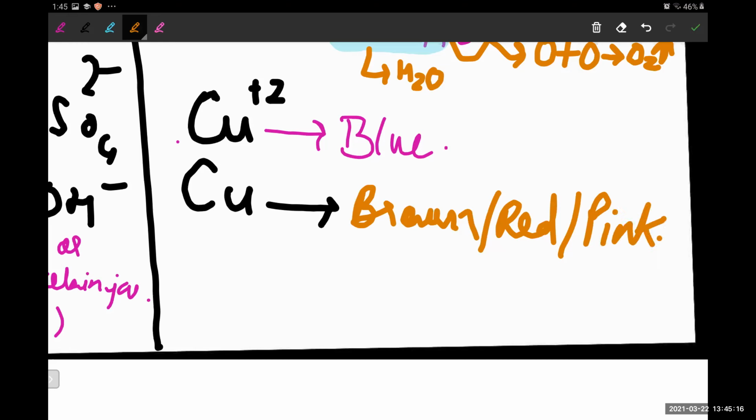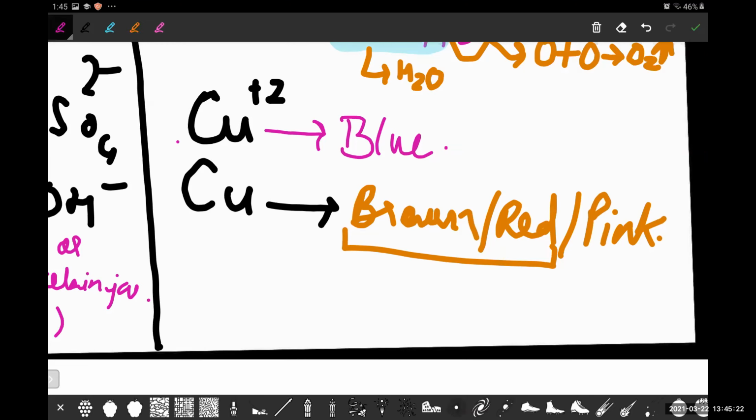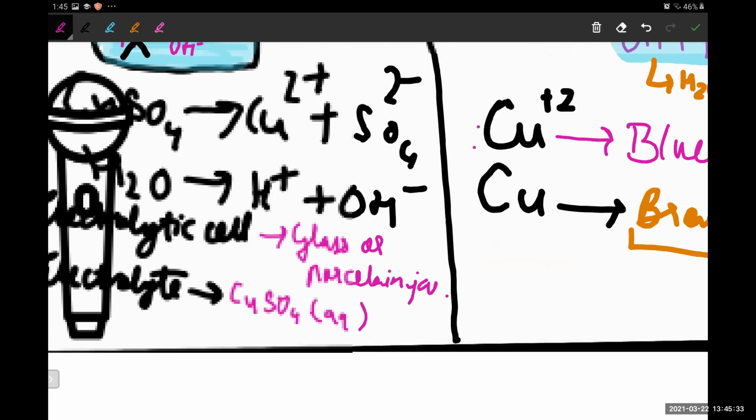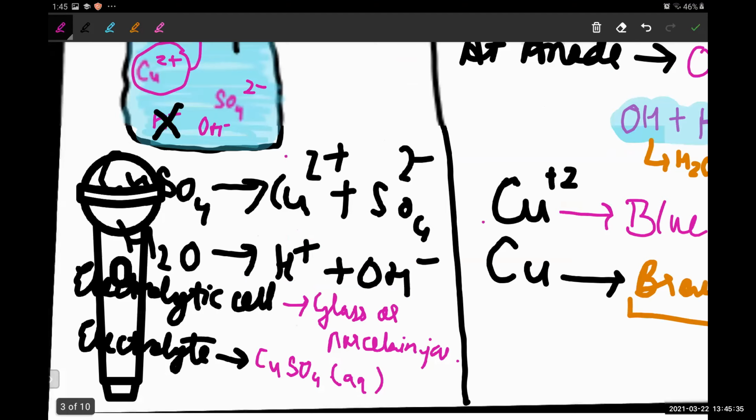You can just write it as reddish brown, it's more comfortable. Now see, this reddish brown precipitate will deposit on the electrode. Which electrode does it go to? It goes to the negative one, that is the cathode.